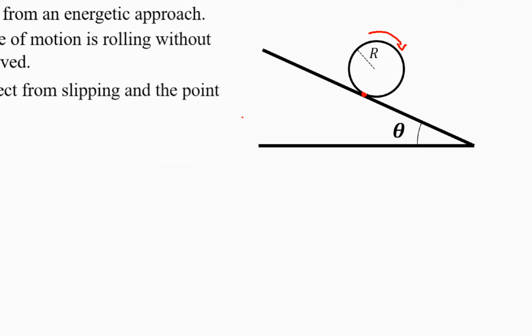And we know that the work, whether in the integral form or the product form, F times d, if the displacement is 0, then the work done by the force itself is 0. So momentarily the work by this static friction is 0.